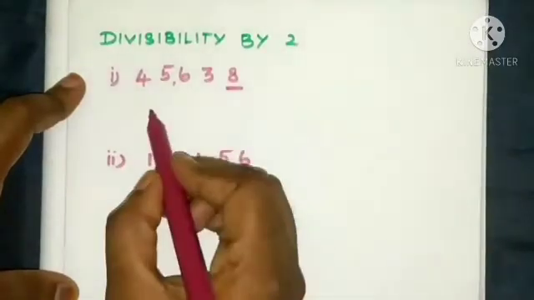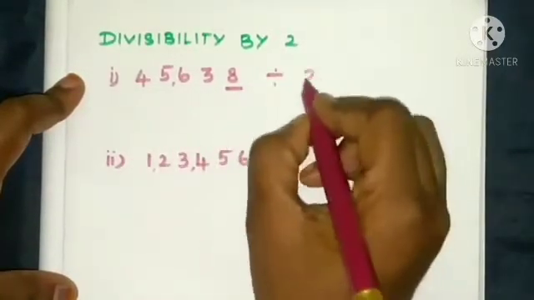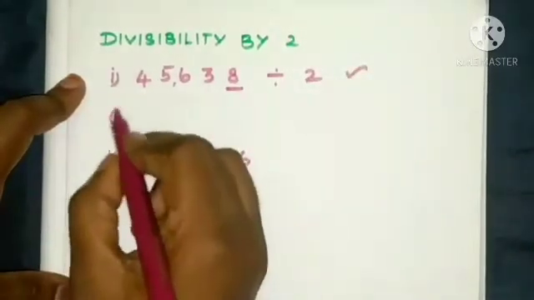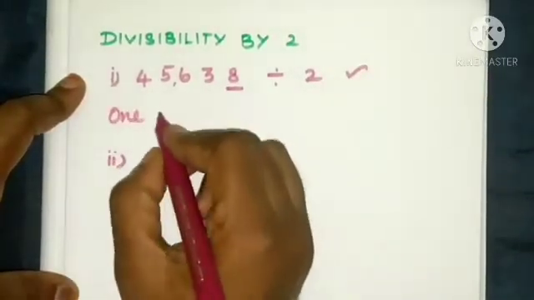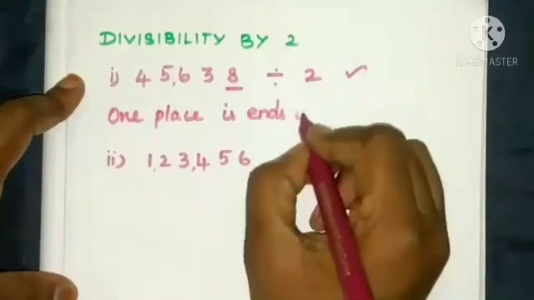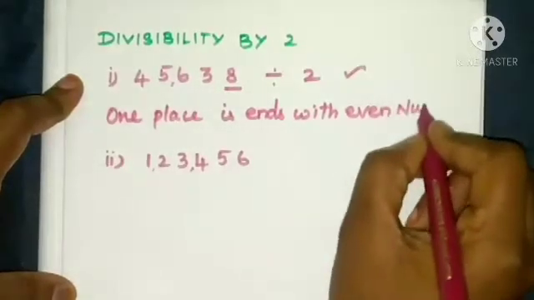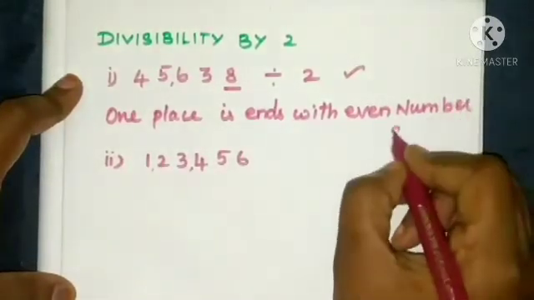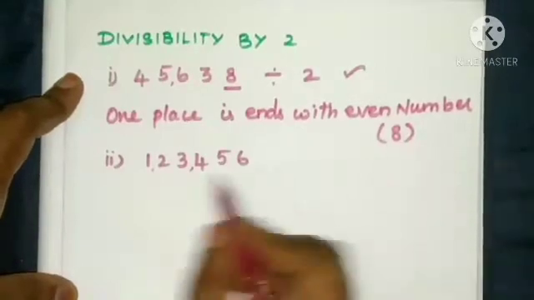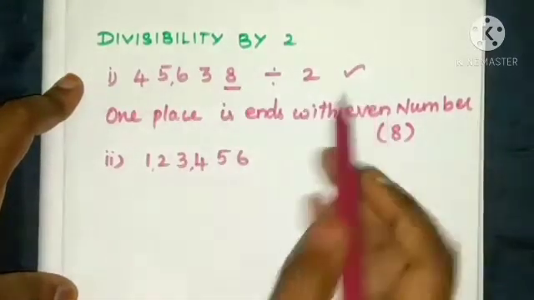So 45,638 is divisible by 2, since its ones place ends with an even number. 8 is an even number. So 45,638 is divisible by 2.